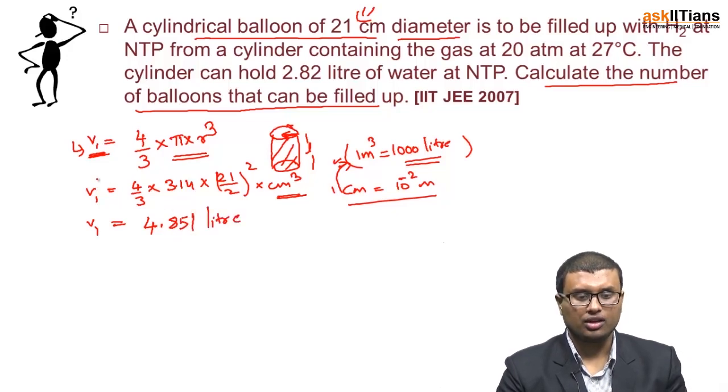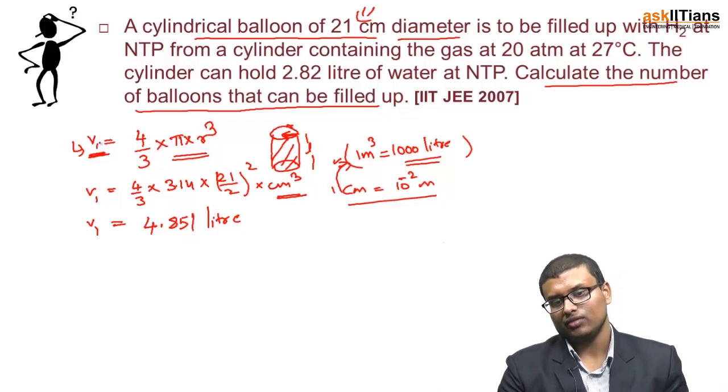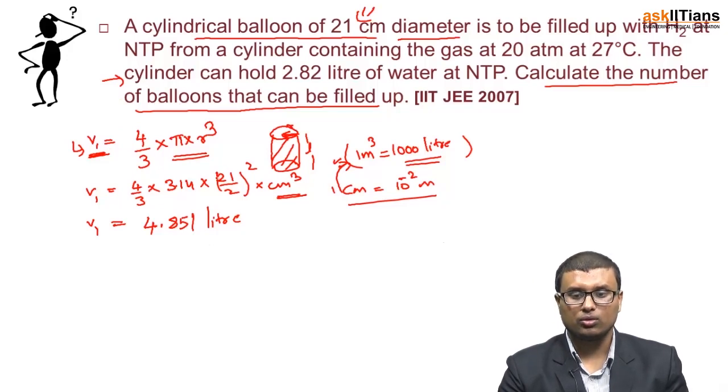Now this question gives you some interesting ideas. What is the second line? In the second line it is given that the cylinder can hold 2.82 liters of water at NTP. That means at NTP, what will be the total volume?